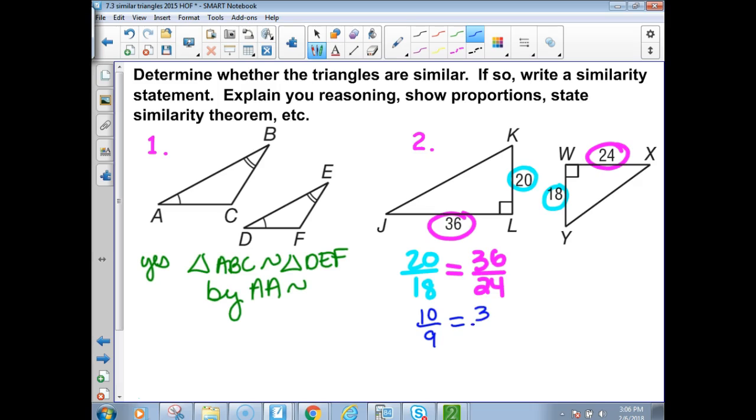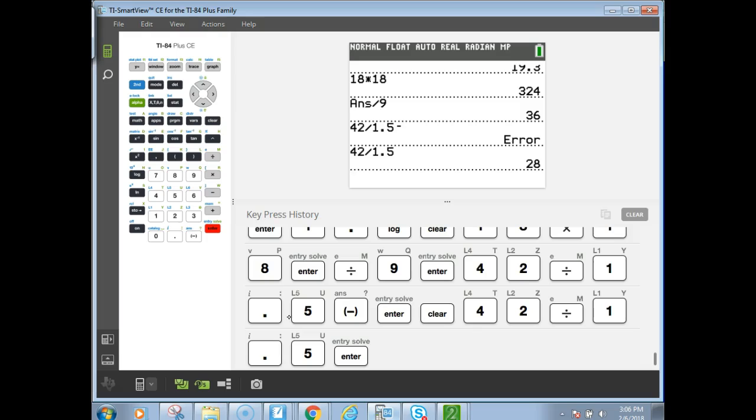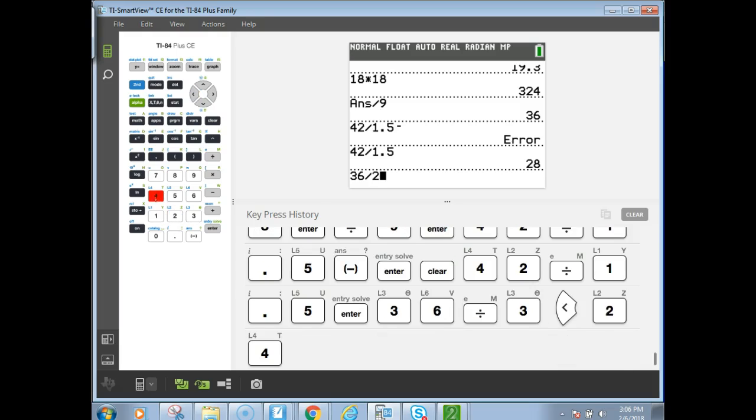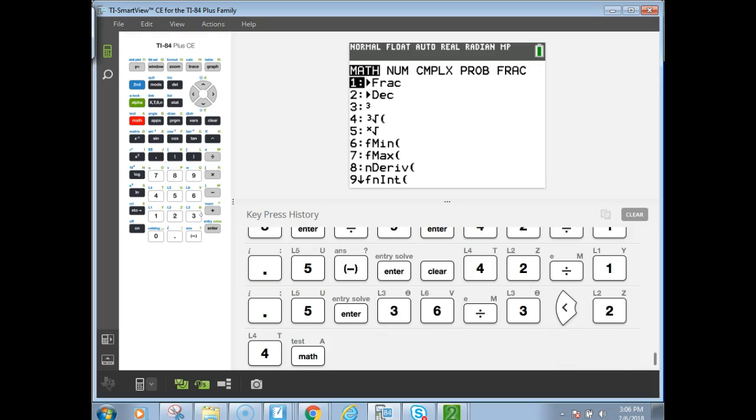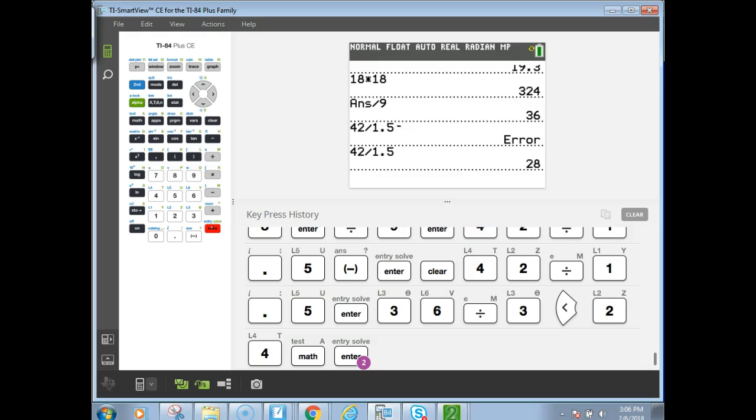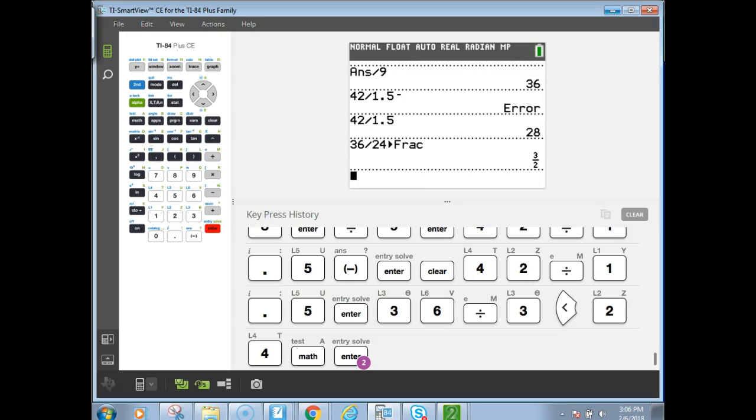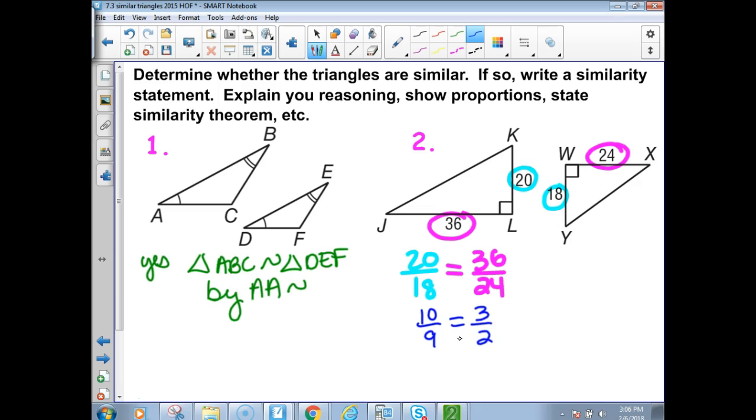That would be 3 over 2. And remember your calculator, if you didn't know that, you can hit 36 divided by 24, then math, enter, enter, and it reduces it for you to 3/2. Are those equal? No, they're not equal. That means these triangles are not similar. You have to check. Do not assume.